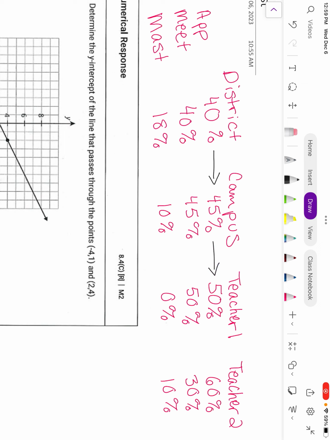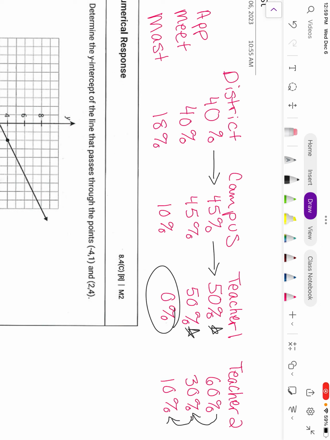For example, teacher 1, not bad here, but we don't have a lot of kids getting masters. So that teacher needs to be focusing on bringing those kids over to mastery, really pushing some of their meets kids to masters. Teacher 2 probably needs to focus on getting some more kids over to the meets area because some of those kids are probably going to move this way.